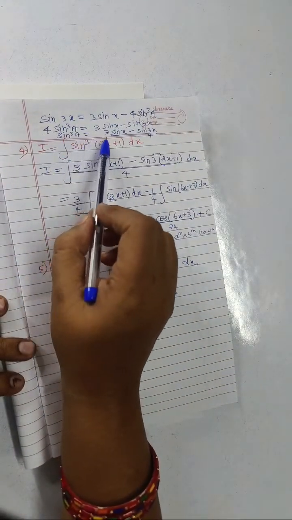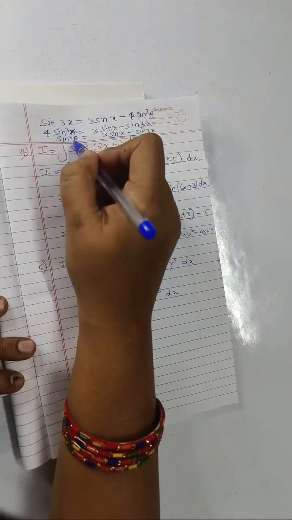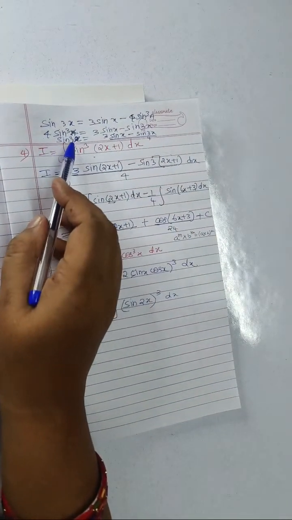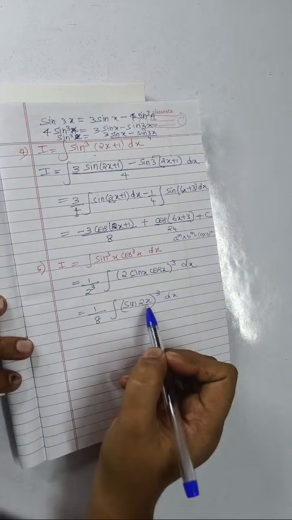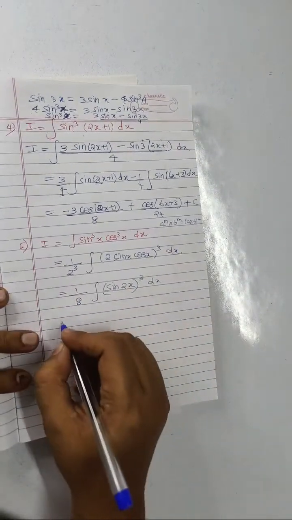So already we have written the formula here. Everything should be written in x form or a form. Here we have written for sin cube x, and here you have sin cube 2x, so in place of x we have 2x.